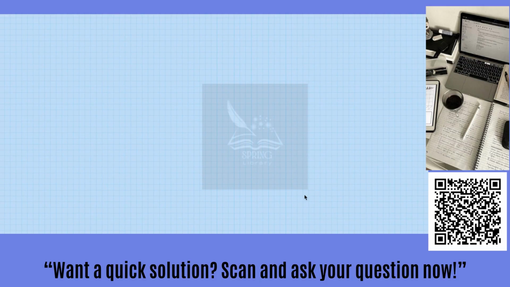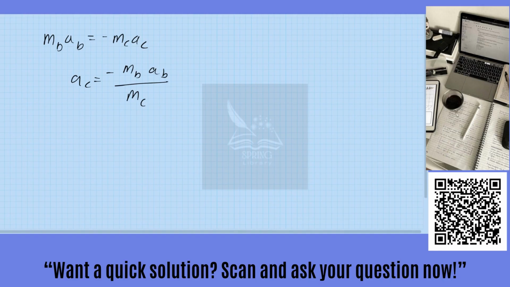Excuse me. Okay, so first we want their speed. We know these are action-reaction forces. So we know that MB AB is equal to negative MC AC. So AC is negative MB AB over MC.